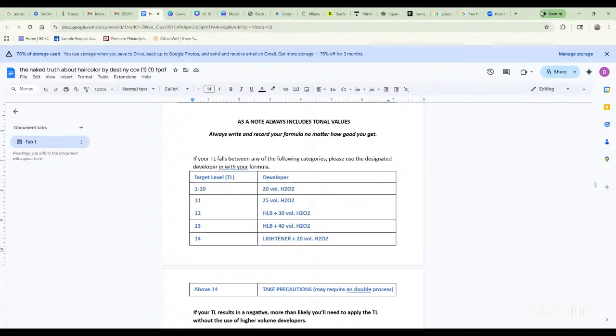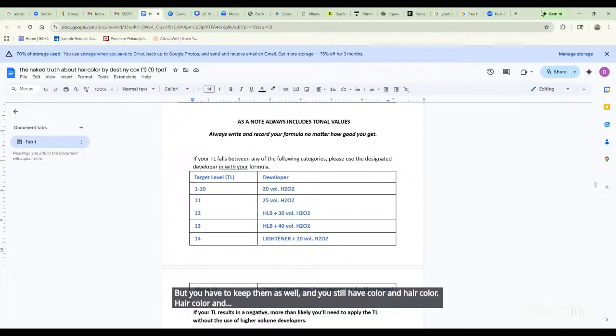Never bring it down. And hair color never goes on sale, guys. As long as the hair is continuously growing, haircuts and hair color don't go on sale. Okay. You may do something to get them in, but you have to keep them as well. Just do great work.